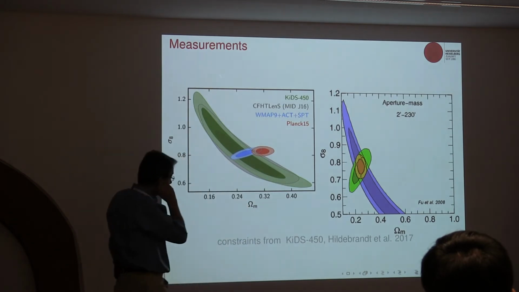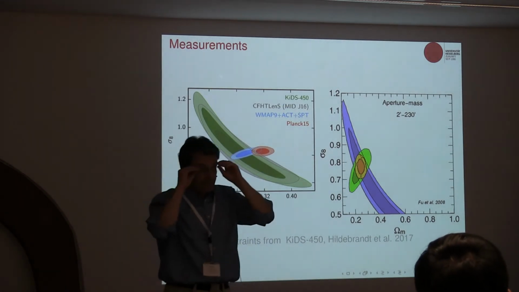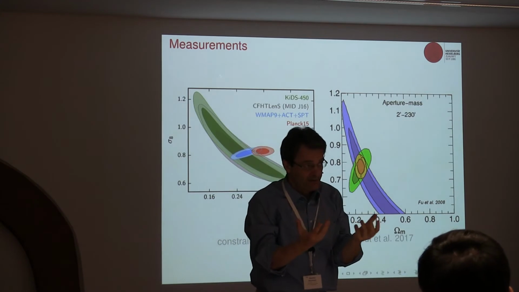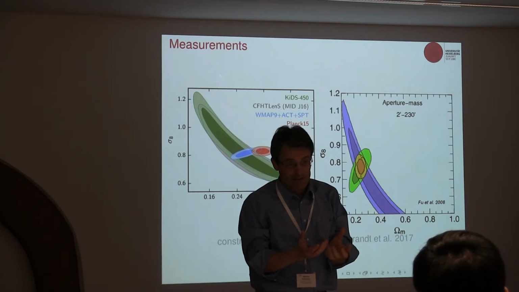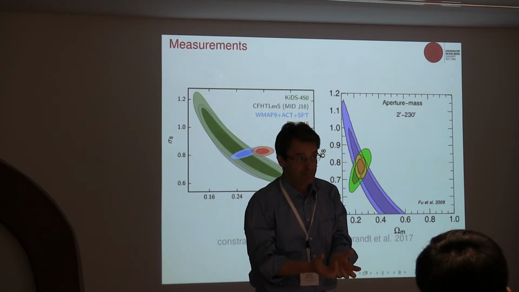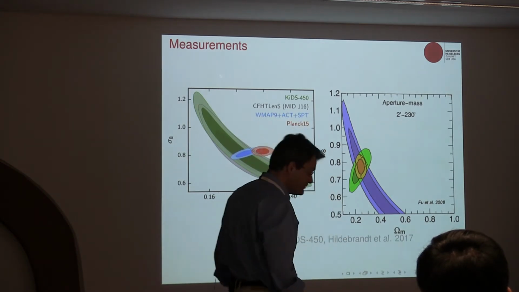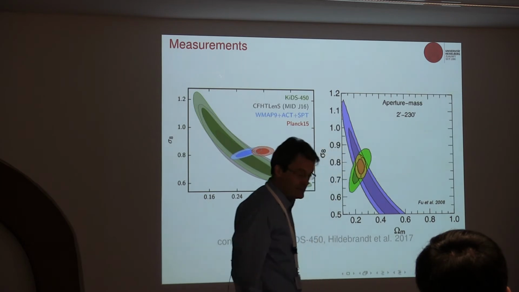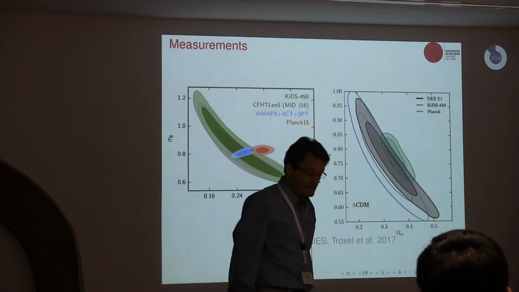So the more precise these measurements get, the more they reveal something that could be a tension between the two experiments that we don't understand. Right? So that's the status with KiDS 450. There's a competing experiment, that's the Dark Energy Survey.